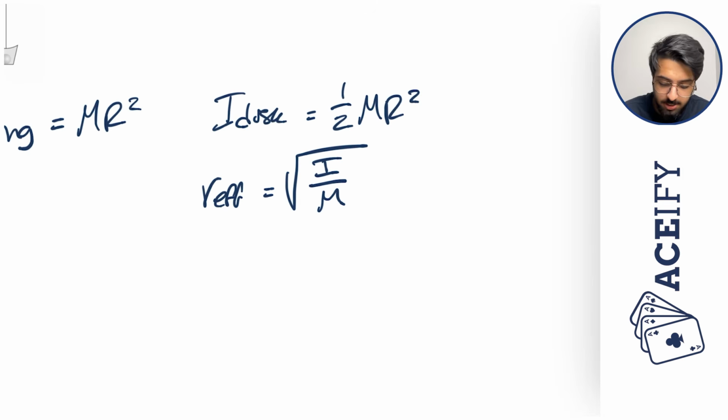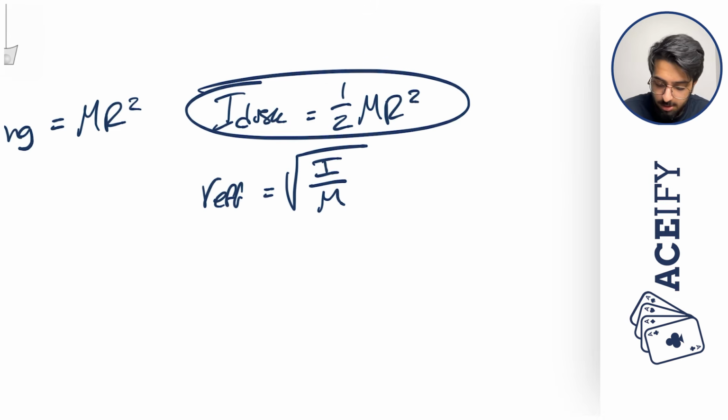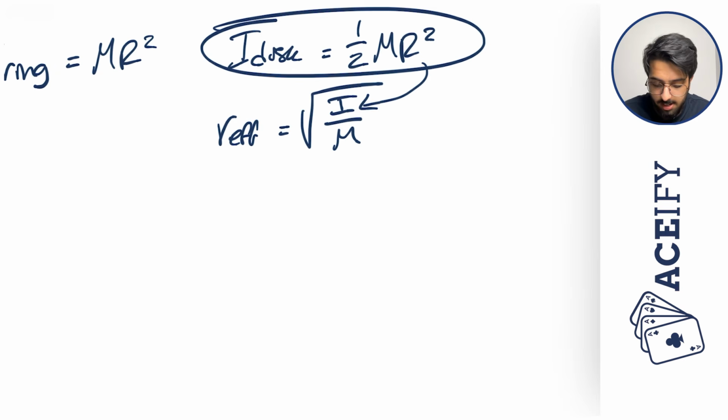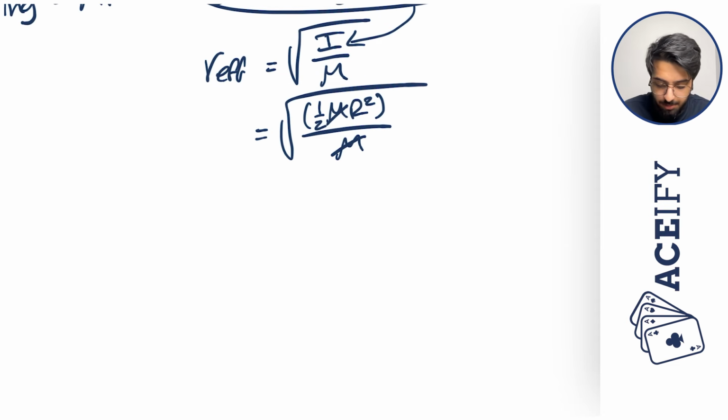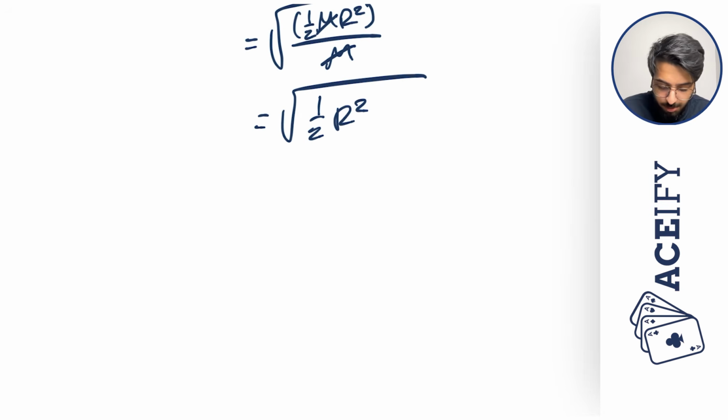Now, if we substitute the rotational inertia of the disk into here, we get square root half times mr squared all over m. Now, this m can cancel out, and we get square root half r squared. Therefore, our effective radius is equal to square root half times r.